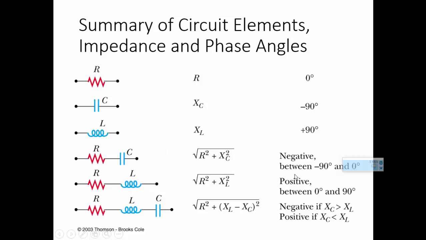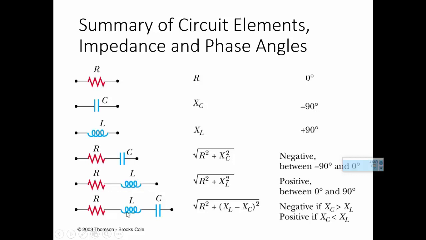The resultant impedance vector is going to lie between minus 90 degrees and 0. Okay, I'm going to explain all of this. And if we have a resistor and an inductor, the resultant impedance, which is a vector, is going to lie between 0 and 90 degrees.